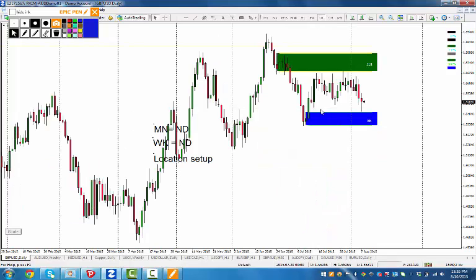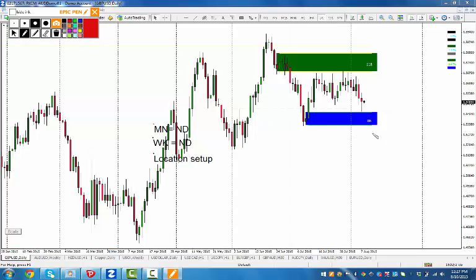In the D1, I too identify the supply and the demand. So I identify my demand here and my supply. And from here, I know that I'll be looking at this demand to buy. Knowing that this is a confirmation entry, I will not put a buy limit here.